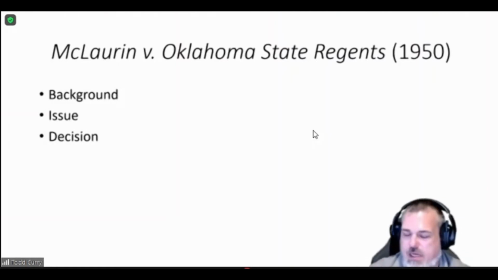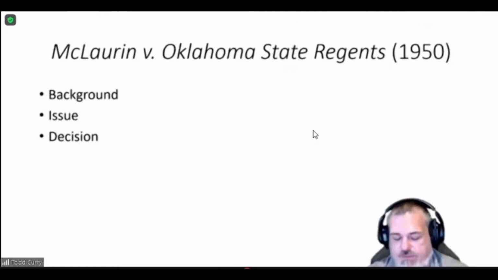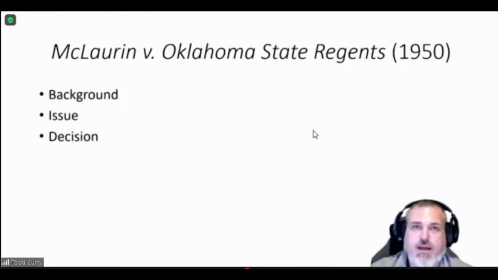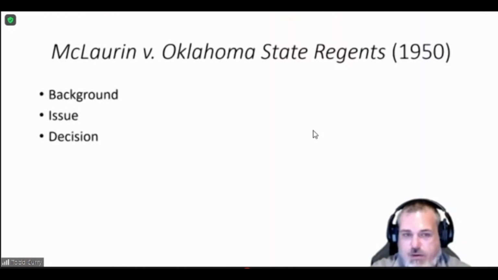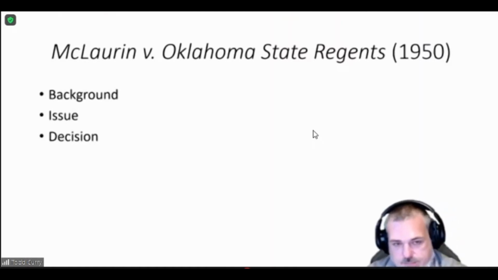Are they equal? In this case, you have one accommodation, University of Oklahoma Law School. But within the law school, even though the classes were the same, the library was the same, the cafeteria was the same, African Americans were segregated in all of those venues.